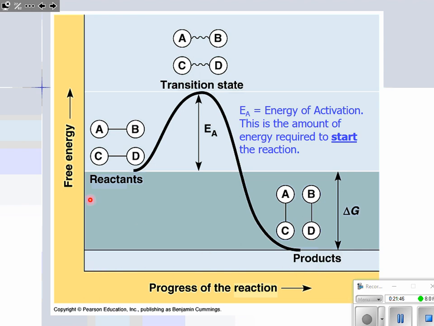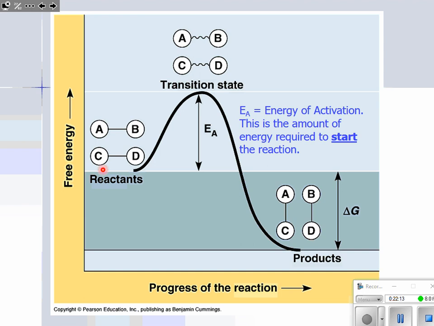And then this is the amount of energy that the molecules have. So the reactants, the chemicals that we're starting with, have this much energy. And then here's the chemical reaction right here. It's where we end up. The products only have this much energy. They have less energy. The products have less energy than the reactants.